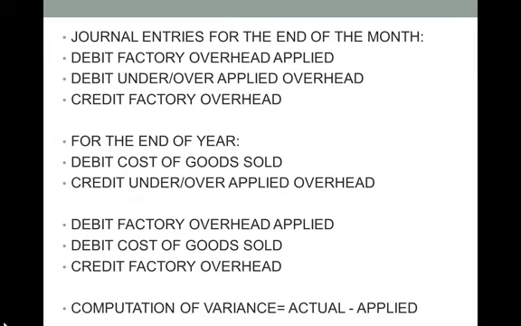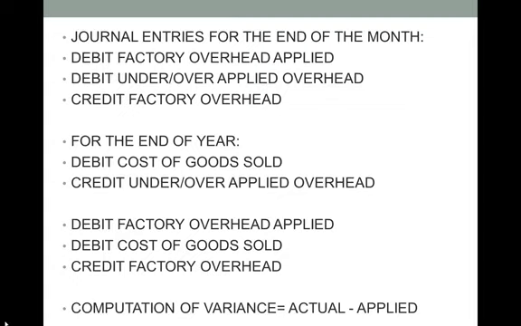If applied is bigger than actual, the variance is called over applied factory overhead or favorable, and this is taken as a reduction or deduction from the cost of goods sold in the statement. That is the variance.